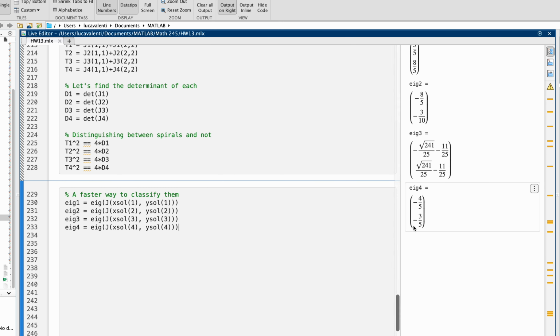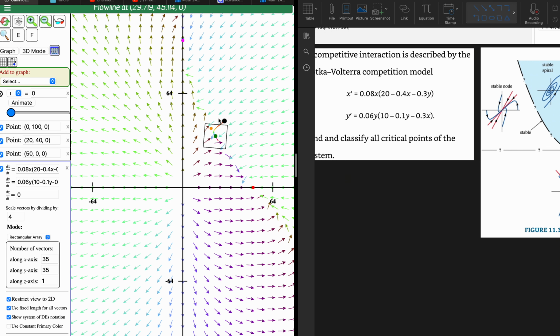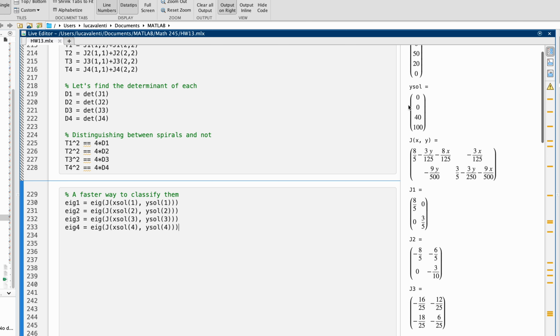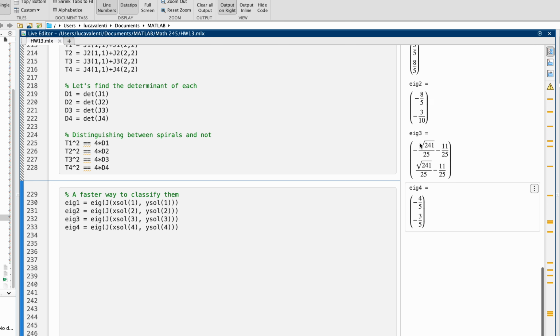Now let's look at this point right here. This point looks like a saddle. So it should have one eigenvalue that's positive and one that's negative. And this is this point right here. It's the point 20, 40. So 20, 40, if we go over here, that was the third one.